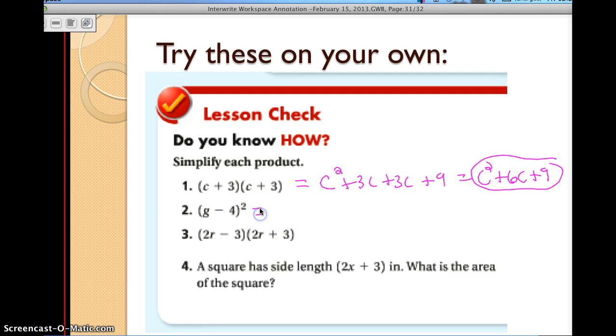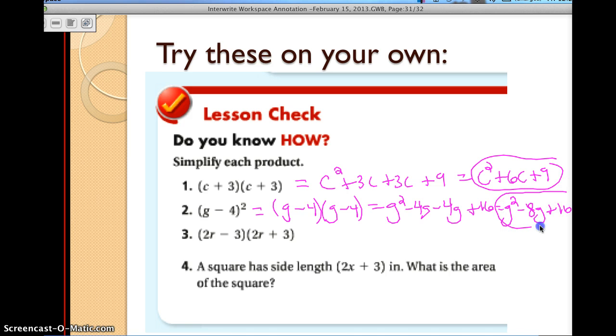And the second one, be careful because you can't use the power rule, and that's what they're going to try to trip us on. You have to multiply this out as FOIL because it's a binomial being squared. So first, outers, inners, and last. Combining my like terms, I get g squared minus 8g plus 16.